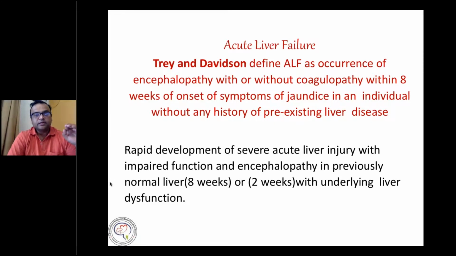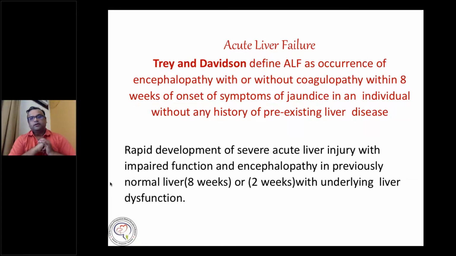If a patient is having altered sensorium within 6 months of the acute onset of jaundice, then it used to be called acute liver failure as originally defined.